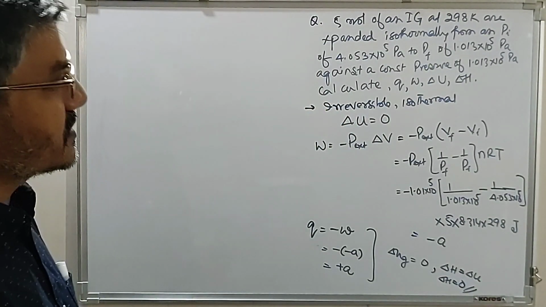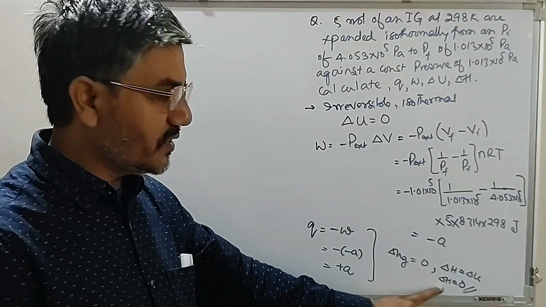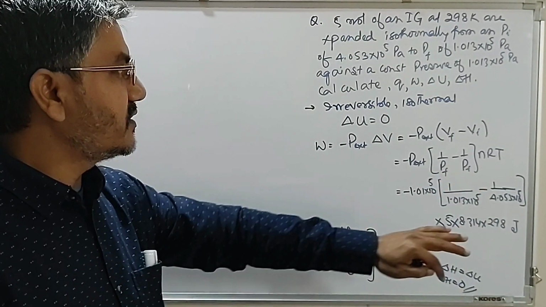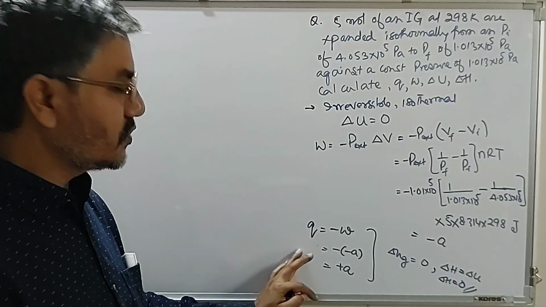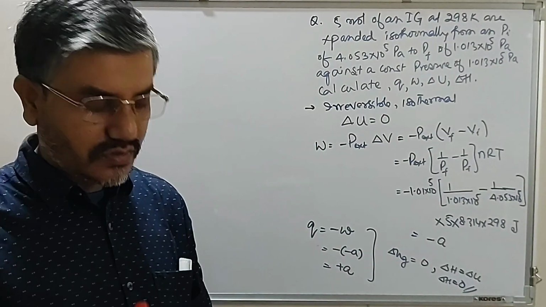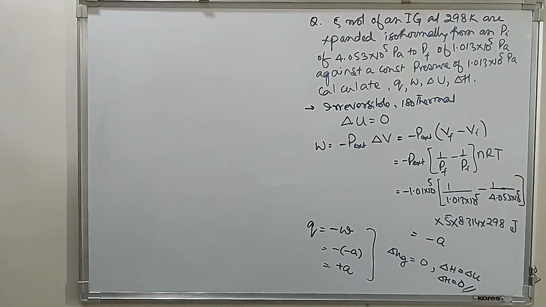So for this process, delta H and delta U will be equals to 0. Work done is this that we have. Once we define this work done, we define this Q, that is the heat involved in this isothermal expansion process.